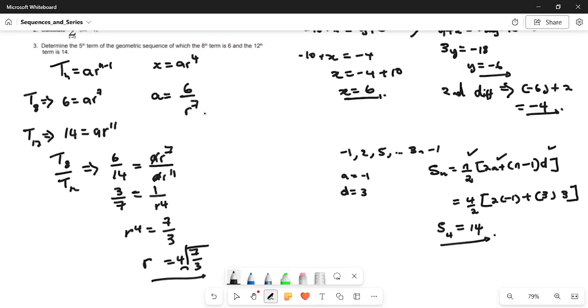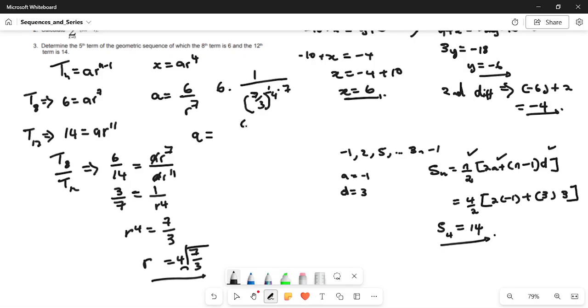And I know what my r is, even though it's a 4th root. So I can say this is 6 multiplied by the 4th root of 7 divided by 3, raised to the power 7. So this is our value of a.